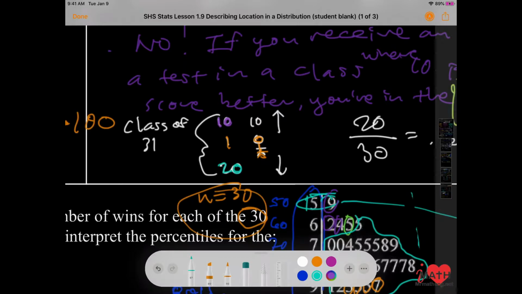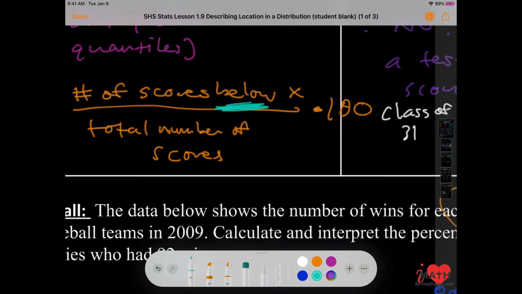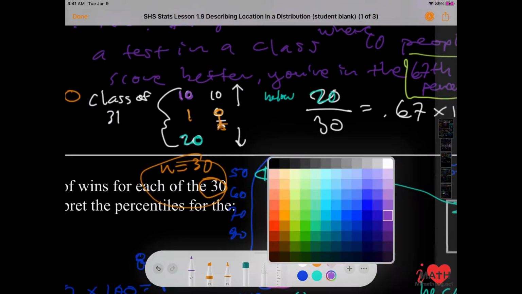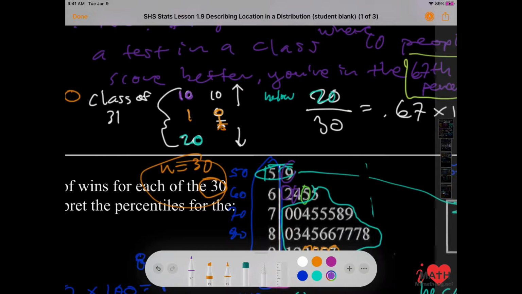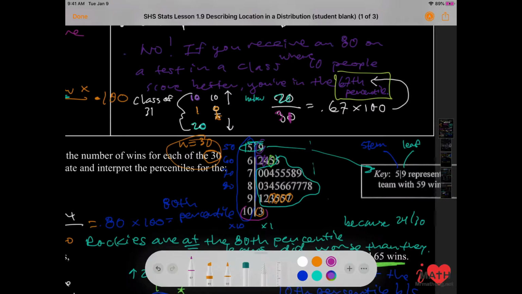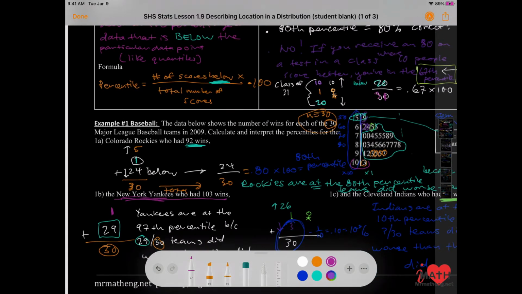I'm just using the formula from over here, number of people who scored below, over the total, well, I guess you would need, that would be wrong. A total of 31, and you'll get something close to 67. And that would be like the 67th percentile, 0.67, somewhere around there, and then multiply by 100, you'll get close to 67th percentile. Okay?